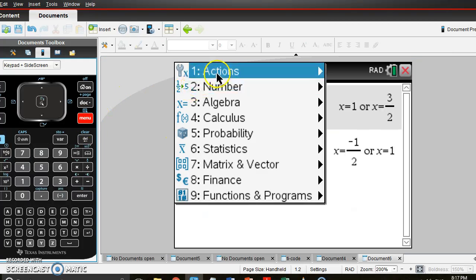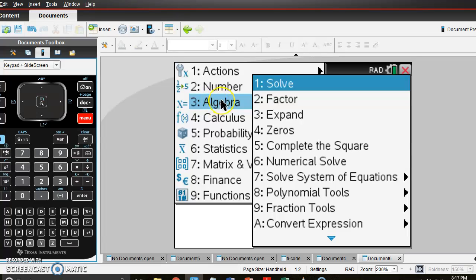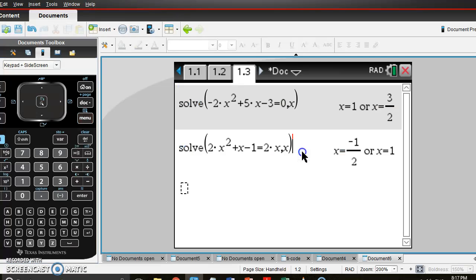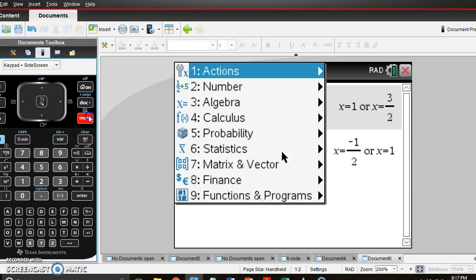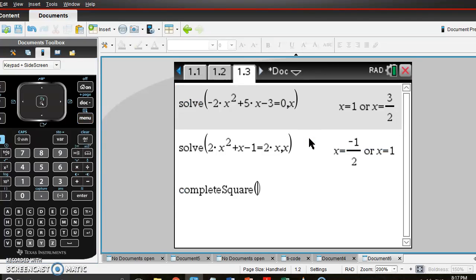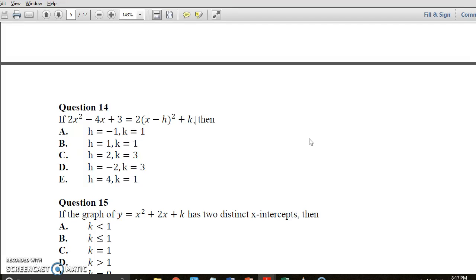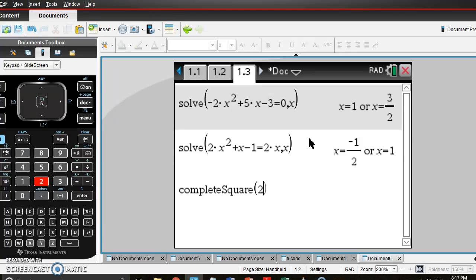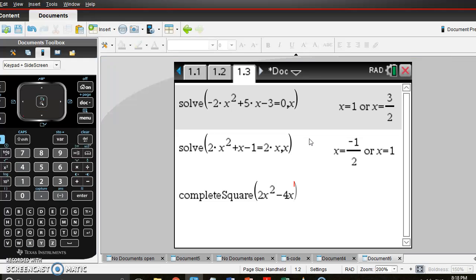Let's see: menu, algebra, complete the square. We'll try that again. Menu, algebra, complete the square. So we type this in: 2x squared minus 4x plus 3, and I'll close the brackets.